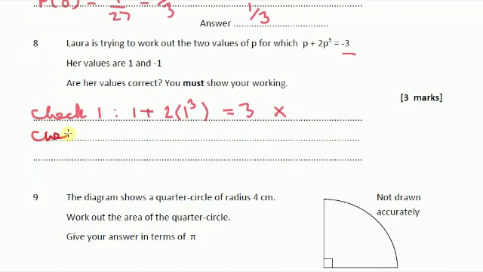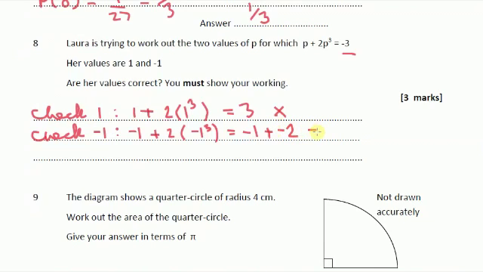If we check the other solution of Laura, -1, put -1 for p, we get -1 plus 2 times p cubed. 2 times p, which is -1 cubed. Now here we've got -1 plus, now -1 cubed is -1 times -1 times -1, which is -1, times 2 is -2.